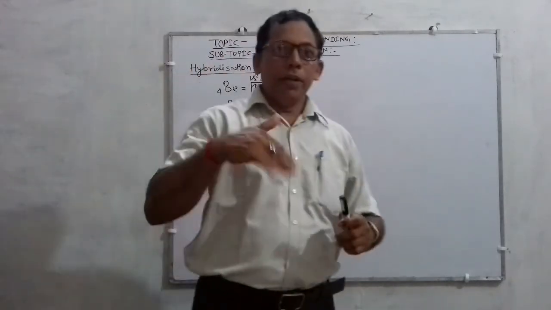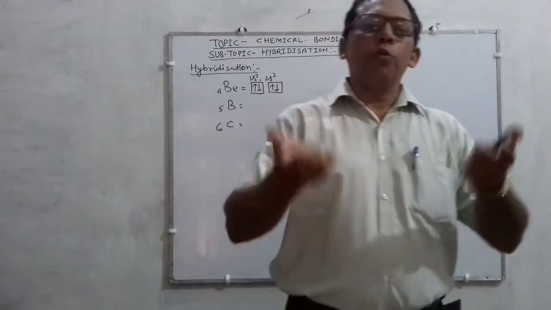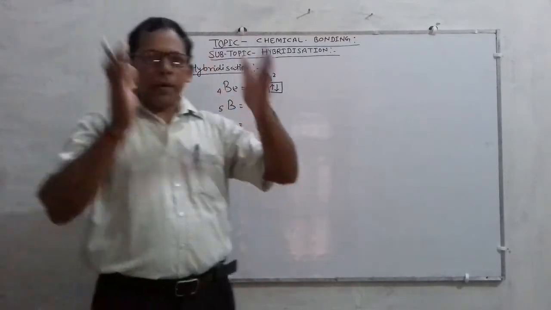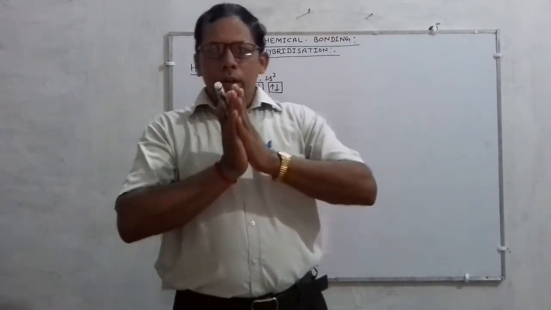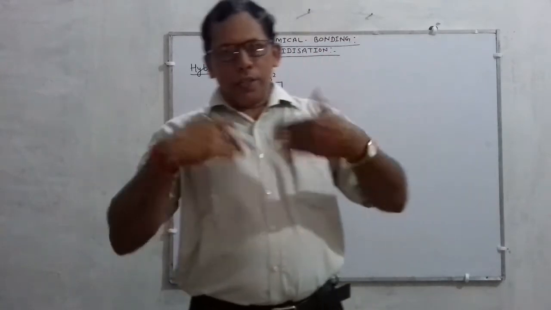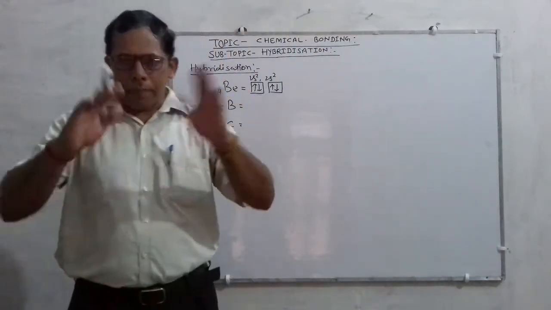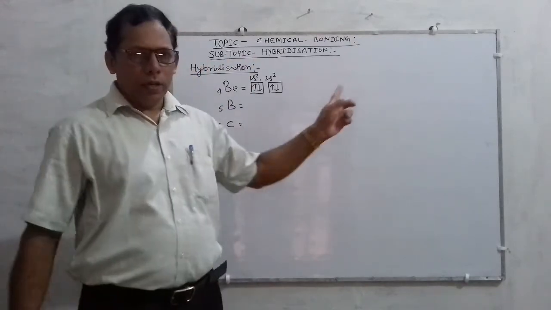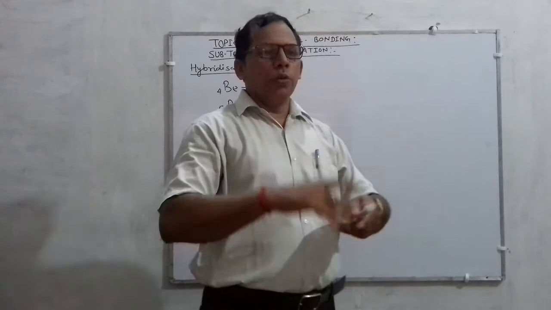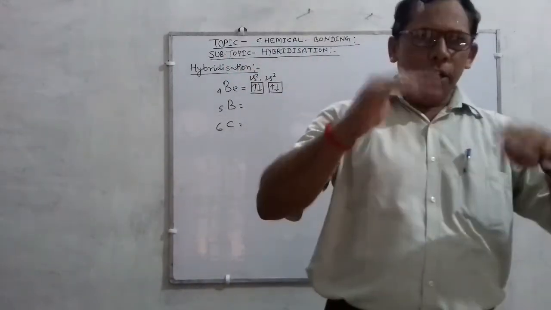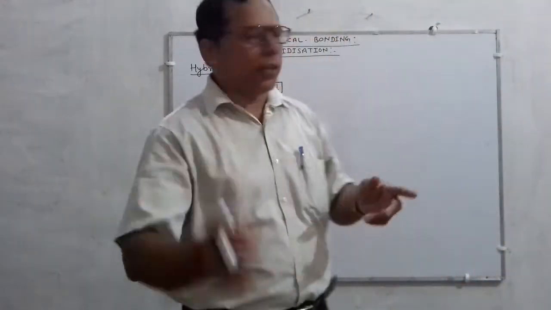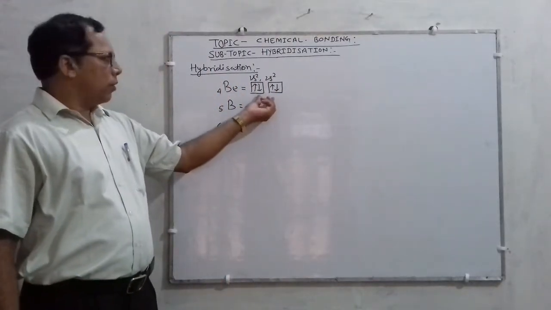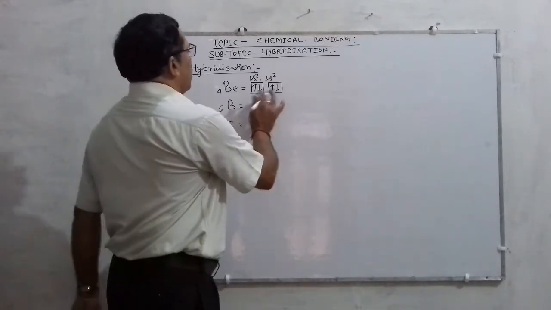One thing you have to remember: in hybridization there is only a mixing of orbitals. There is no role of electrons. Hybridization is the intermixing of orbitals, not of electrons. So we will talk about orbital configuration. The beryllium configuration is this one.